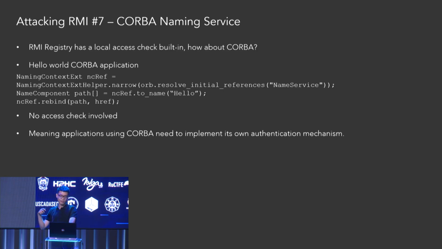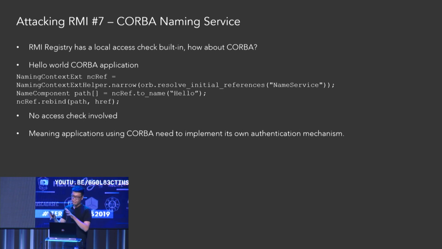And another final attack vector we have is on the registry service. Its counterpart for the CORBA protocol is the CORBA naming service. This is a Hello World application I put up, and there's absolutely no access check, no local access check involved. So we can just freely rebind the CORBA services to anywhere we like, and achieve the same results that I demonstrated earlier.